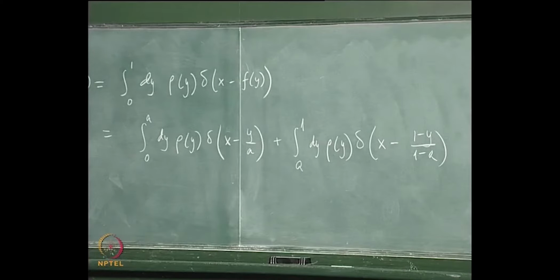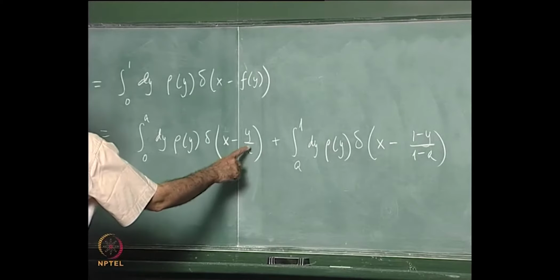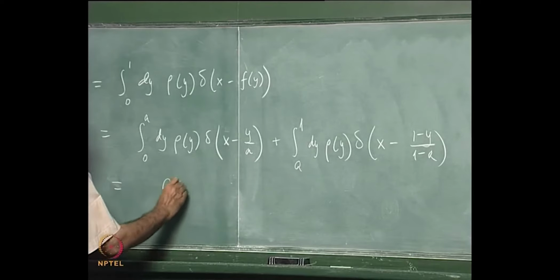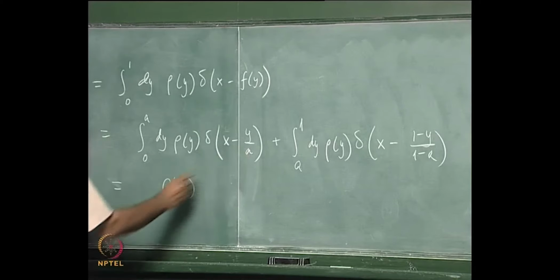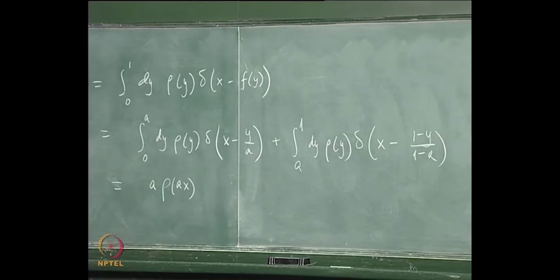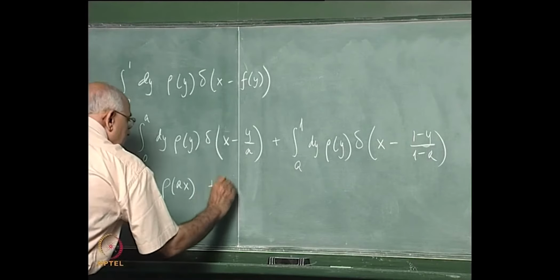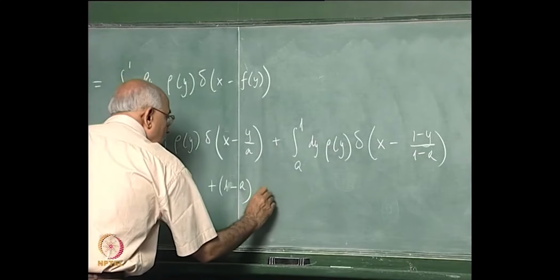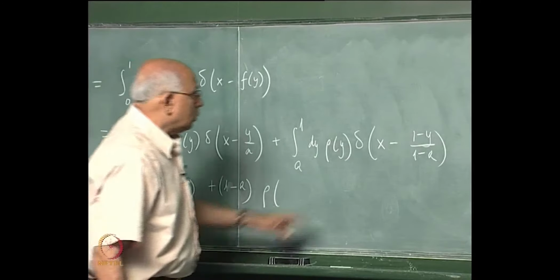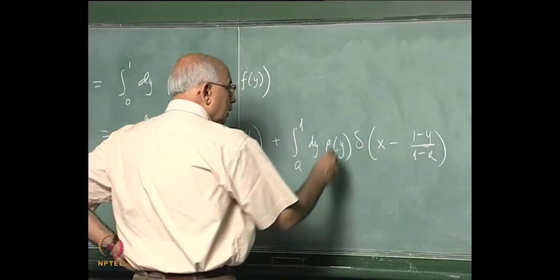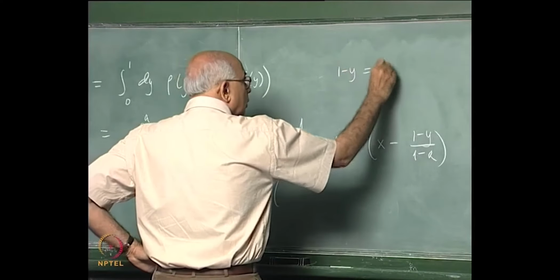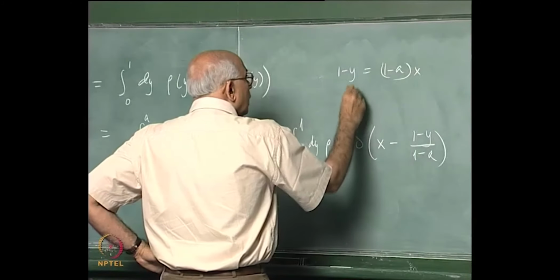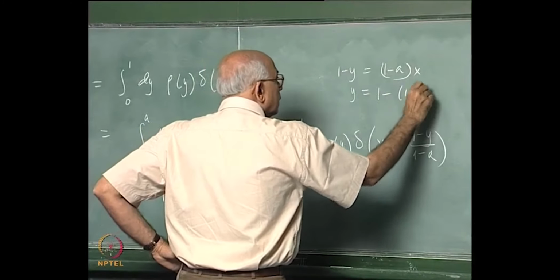That is the Frobenius-Perron equation, and in the standard procedure we convert this to a functional equation and see if we can guess a solution to this equation. So I pull out this a, y becomes ax, so it is rho of ax, but if I pull out this a from the denominator it goes up here in the numerator, and similarly plus 1 minus a, this factor comes up, and then rho of, now y here is such that 1 minus y becomes equal to 1 minus a times x, so y becomes equal to 1 minus (1 minus a) x.